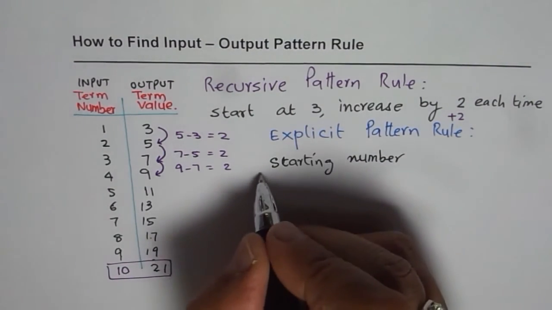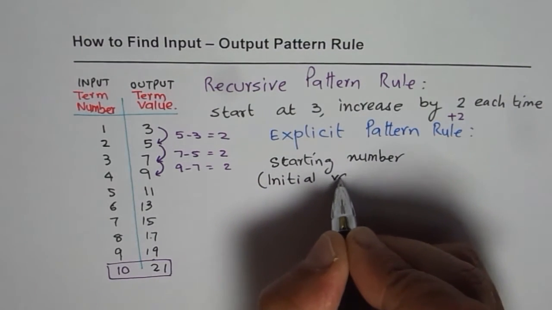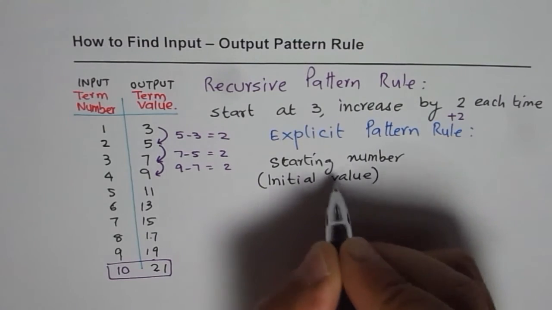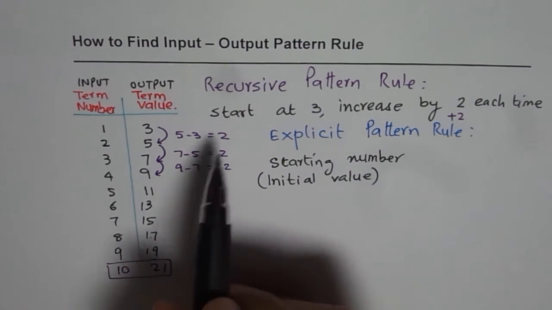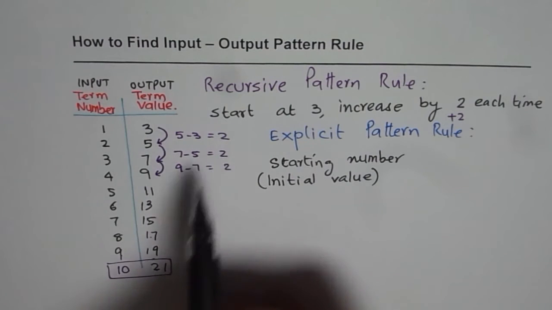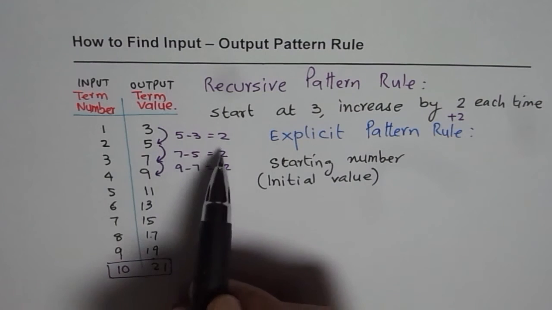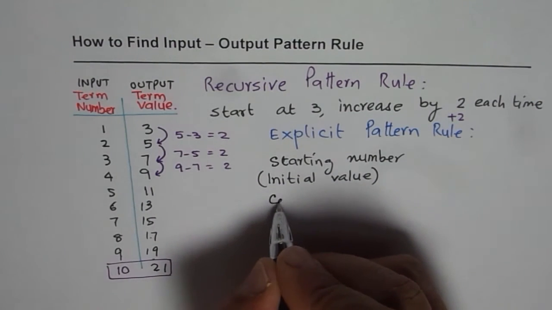We also call this the initial value. So that is important for us. And second is this common difference. We are increasing by 2. That means the difference between the consecutive terms is 2. We call this the common difference.